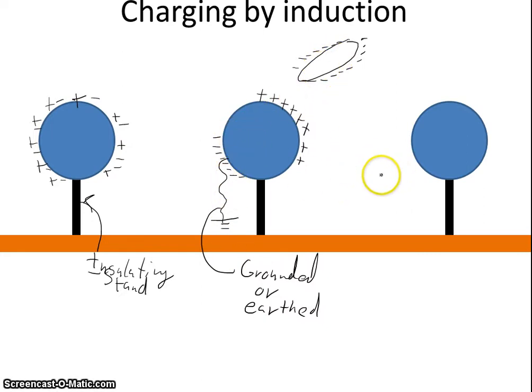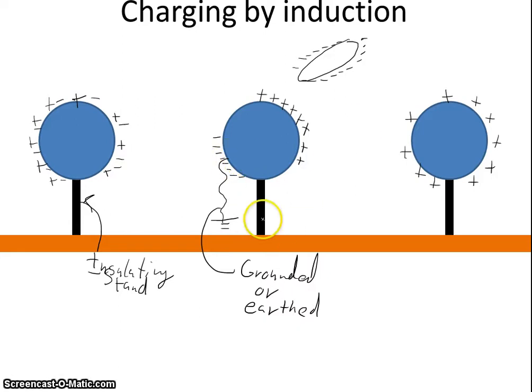So let's say maybe all of these electrons escape down into the ground to run away from this negatively charged rod that's coming at it. And then if I were to remove the ground, so I sever this wire, and I remove this rod, what I would have was a positively charged sphere, but this negatively charged rod would maintain its original charge.